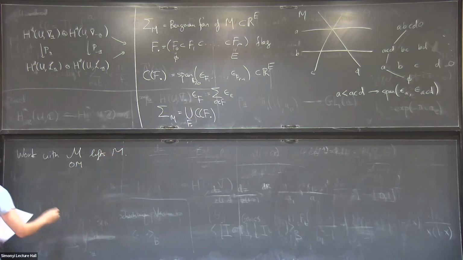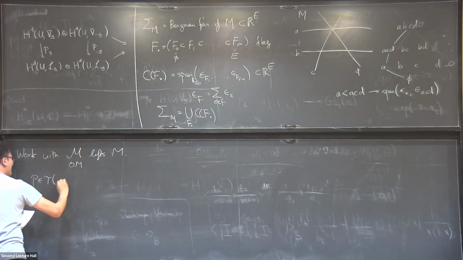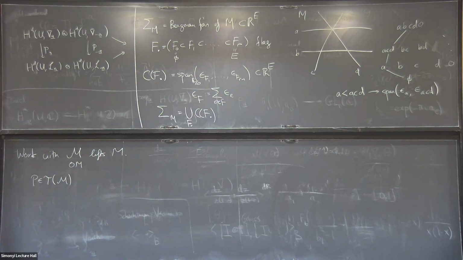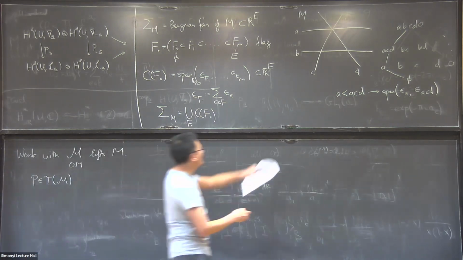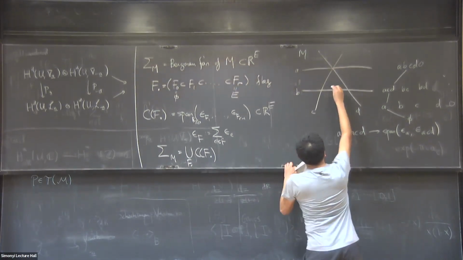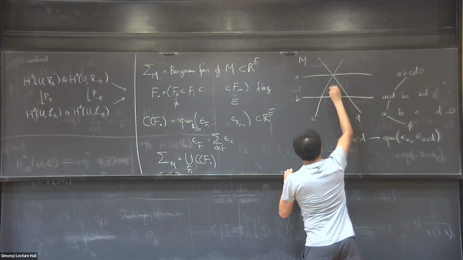So if you give me a tope, and if you're not familiar with oriented matroids, I'm just talking about one of the chambers of the hyperplane arrangement. This thing here would be a tope.